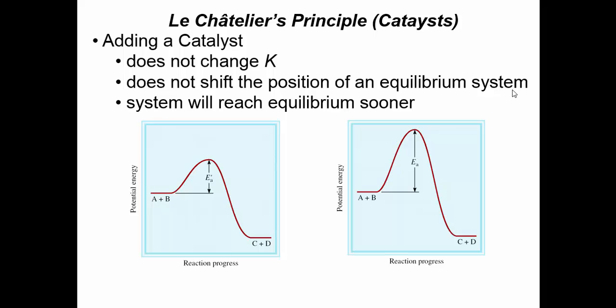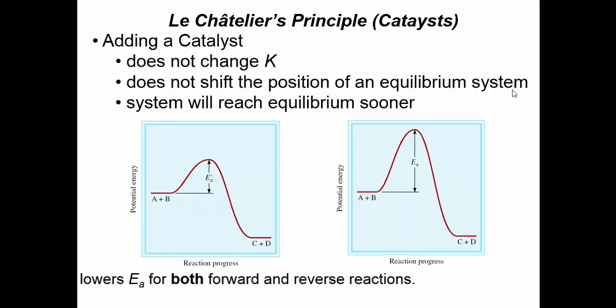It rises up, and that's the activation energy, which is E sub A. Now, if you have a reaction where the EA is very, very high, then you don't get as much product being made because you have to go over a very large amount of activation energy.